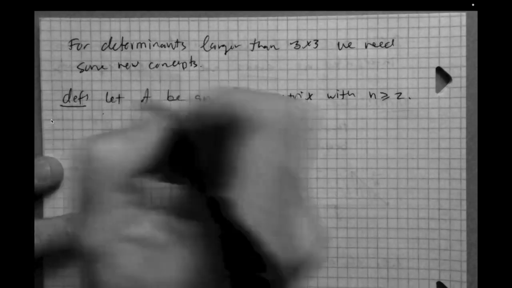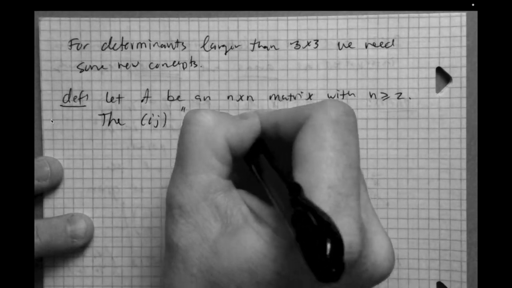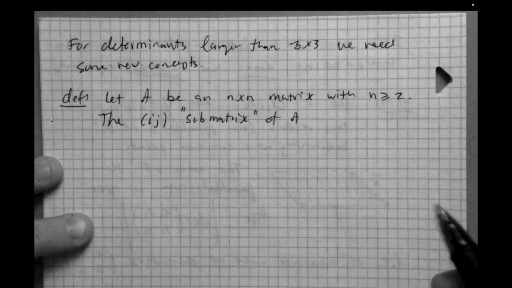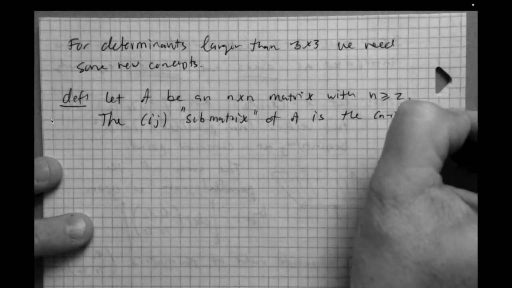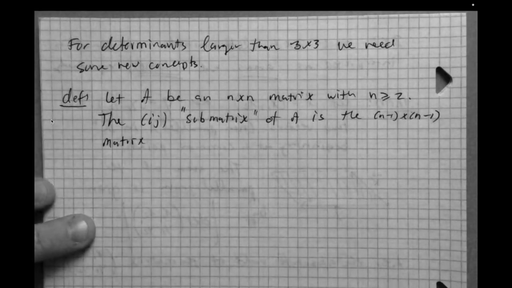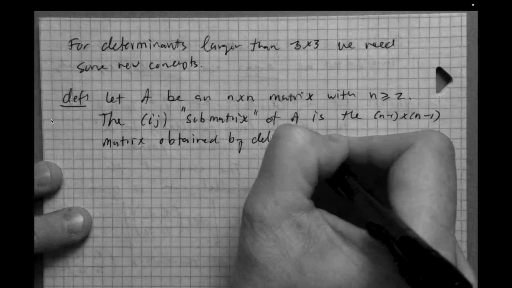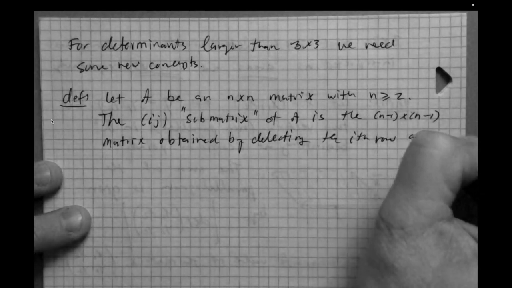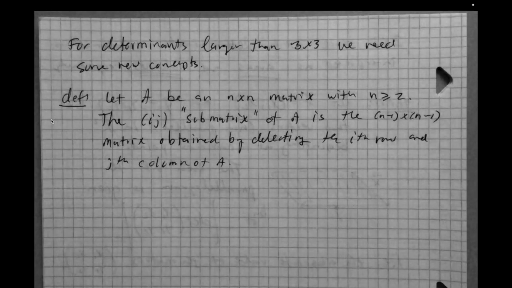Given that matrix, the ij submatrix of A is the n minus 1 by n minus 1 matrix obtained by deleting the ith row and jth column of A. Okay, so that's what we mean by the ij submatrix.